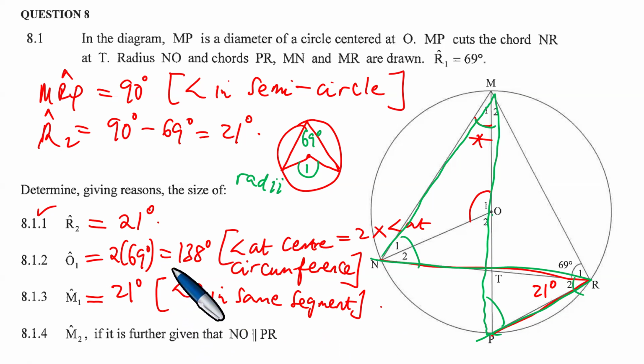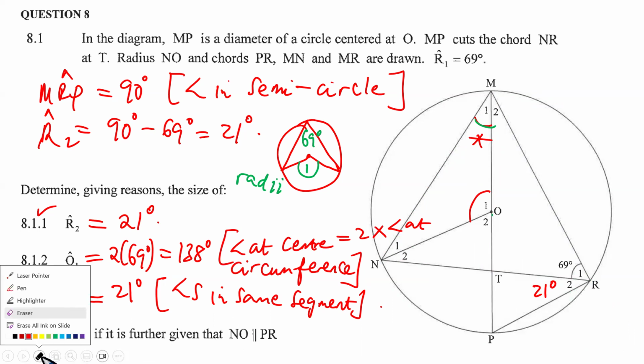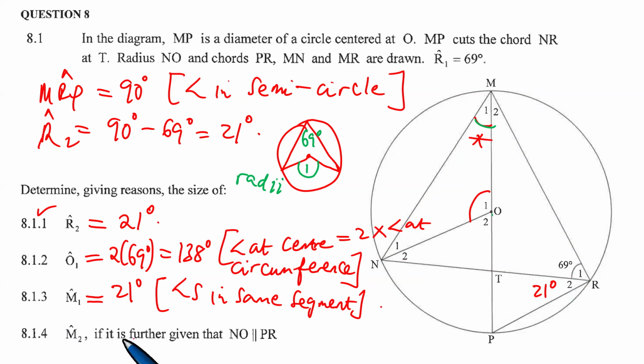Right, we continue. So angle M2, if it is further given that NO is parallel to PR. Angle M2 is which one?